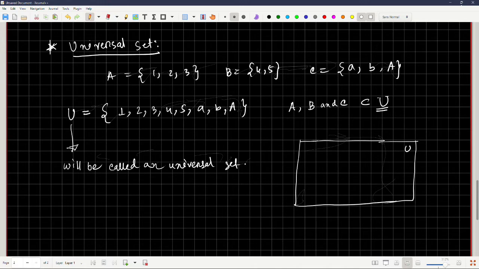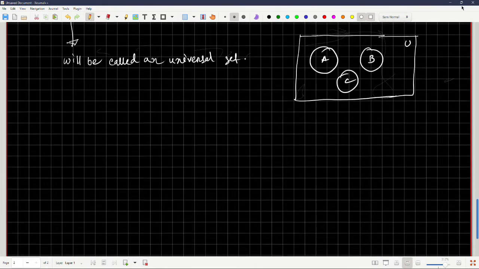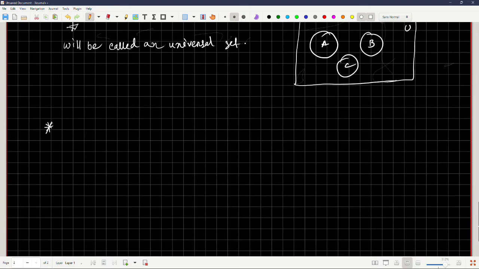You can also draw a circle, it really doesn't matter. So this might be A, this might be B, and this might be C. Okay, that's how it works, the idea of universal set. Any questions so far? No, sir. Okay, so now we define something else which is called a power set.